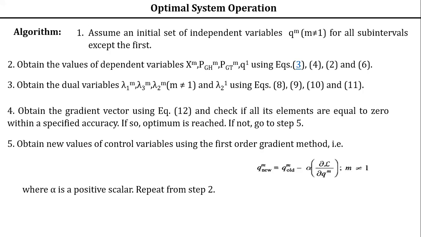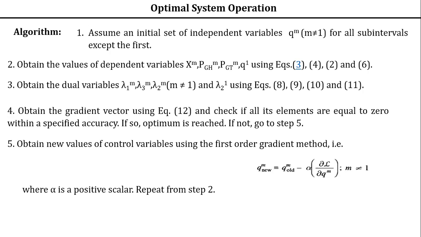Please all of you go through these steps, from the discretization onwards. What is the water continuity equation, what is the power balance equation, what is the power generated by the hydropower plant? These three constraint equations are to be augmented in the objective function along with the cost function.